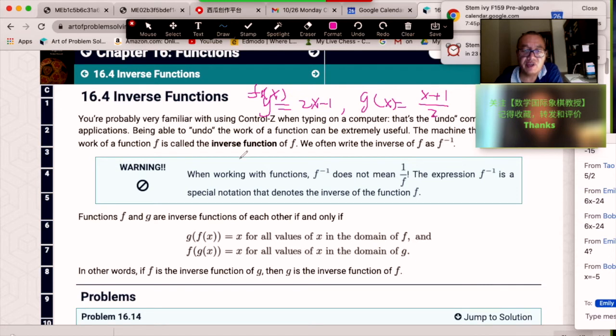So now can you calculate what is g(f(x))? Everybody calculate this. See, what do you get? In g(x), the variable changes to f(x).